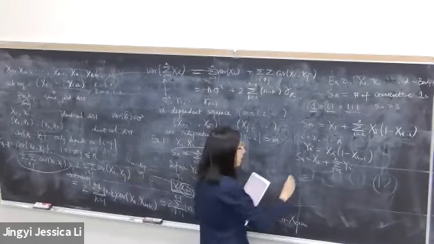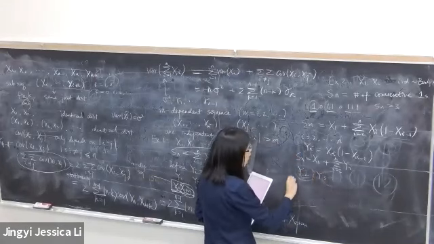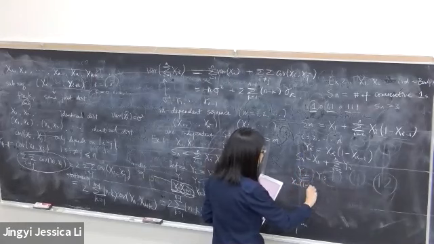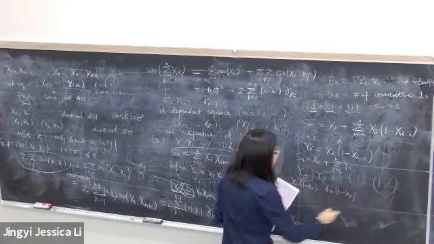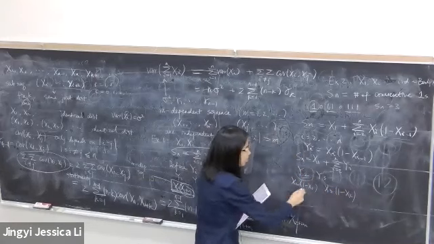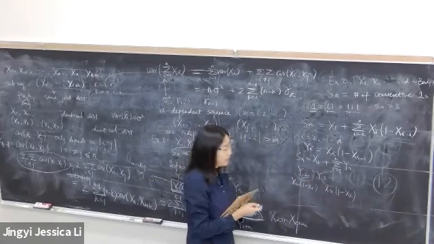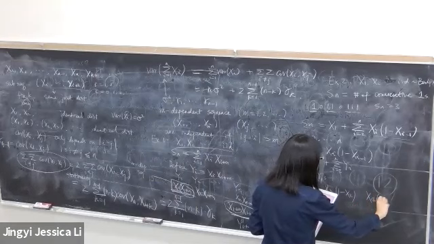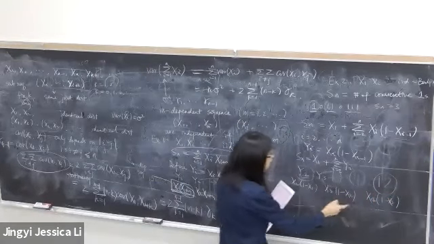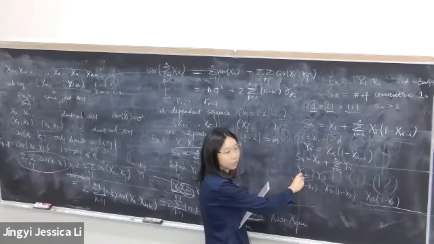To be exact, if I write it out, y2 would be x2 times 1 minus x1, and y3 would be x3 times 1 minus x2. Clearly, they are not independent because they share the same x2. But after this, I will have x4 times 1 minus x3. So all the remaining yi's would be independent of y2.